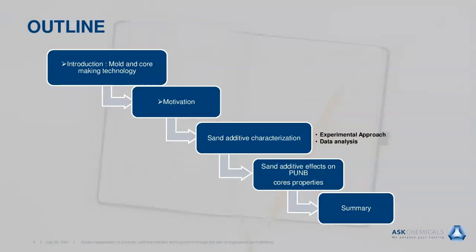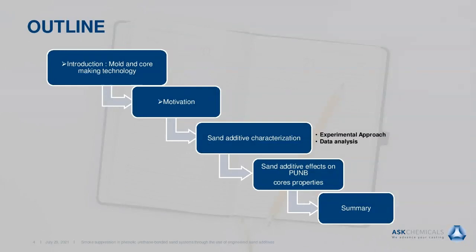So today we're going to start with the outline of the talk. I divided this talk into 5 sessions. First, we'll do an introduction about the mold and core making technology and overall the casting process.